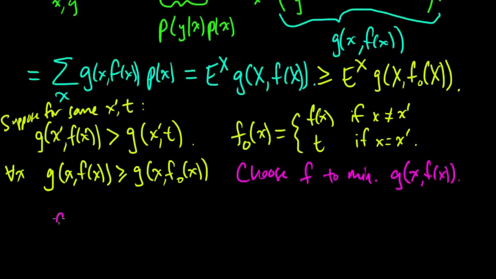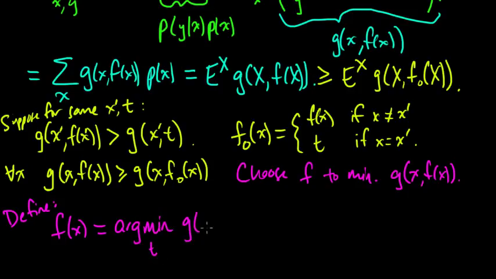Before, we started with some arbitrary f, and now we're going to define f of x to be the argmin over these t's of g, x, and t.